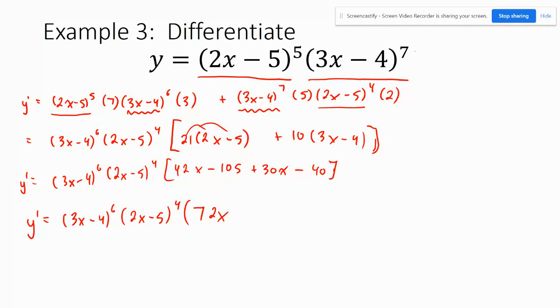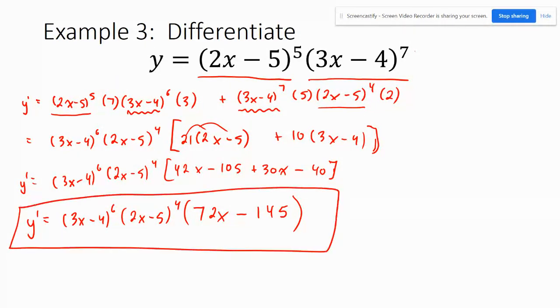Negative 105 minus 40 is negative 145. Okay. And guys, this is how we're going to leave this question. We call this the fully factored form over here. And we're done.